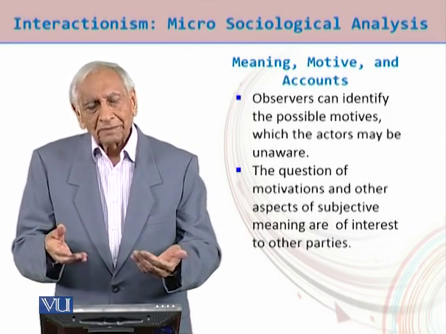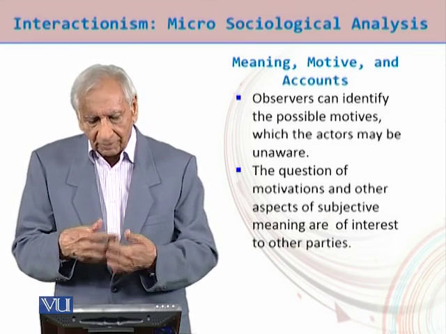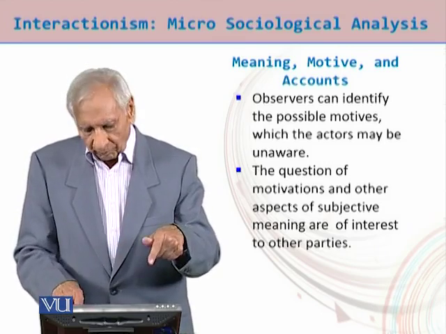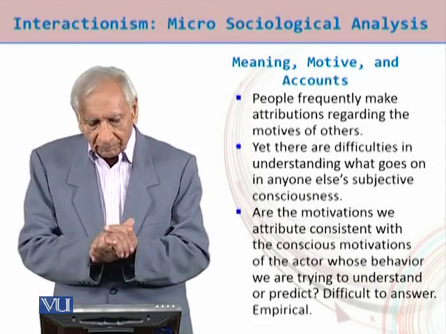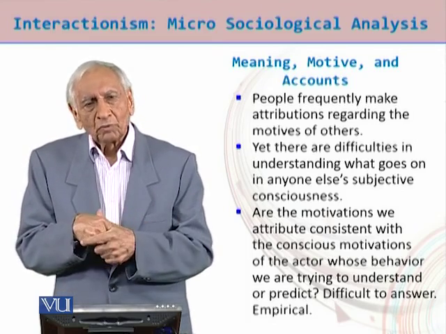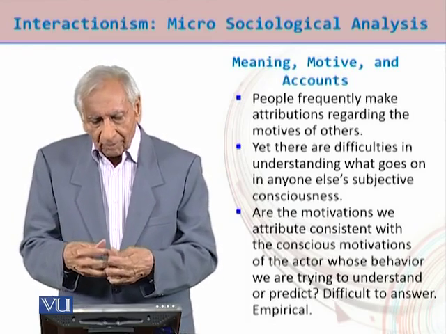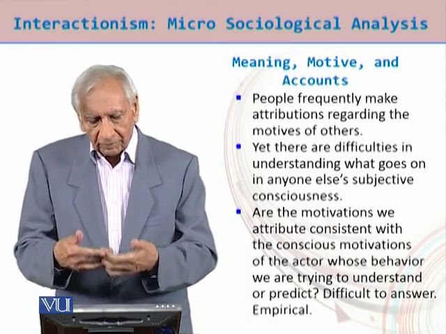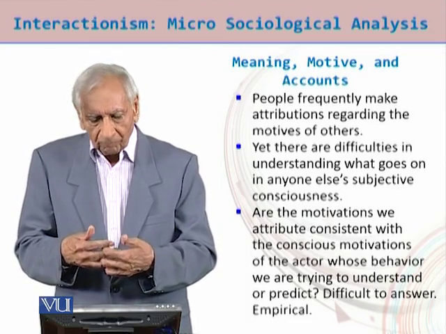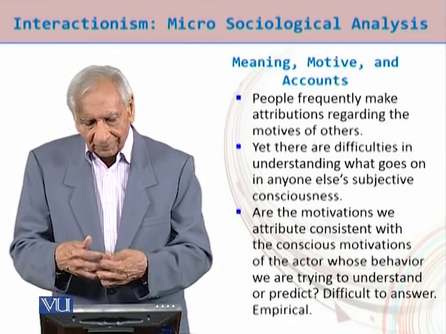So that is a different kind of situation. The question of motivation and other aspects of subjective meanings are of interest to others. Now we see that people give explanations of different motivations. So they attribute different reasons for the motives, and these can clash with one another.